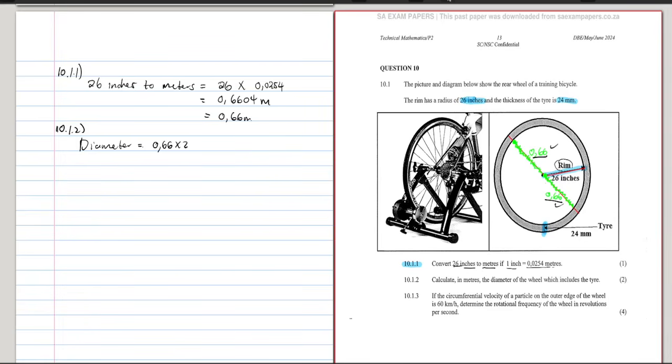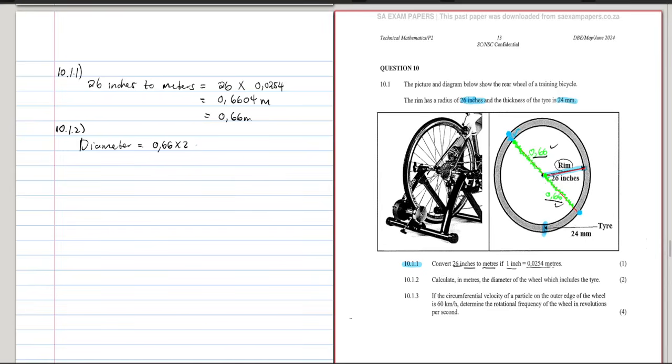Now the missing part of the calculation is the thickness of the tires. Remember, the diameter was measured from this point all the way to that point, so it includes the thickness of the tire.